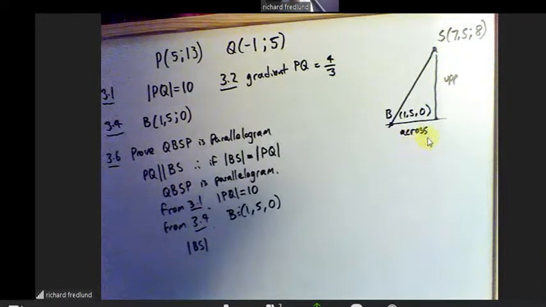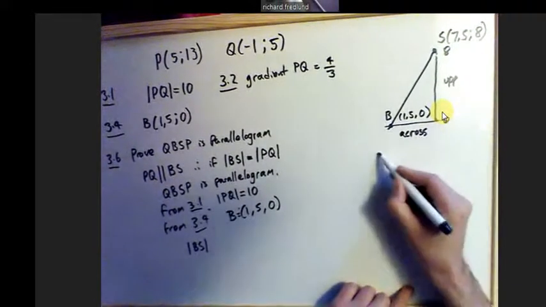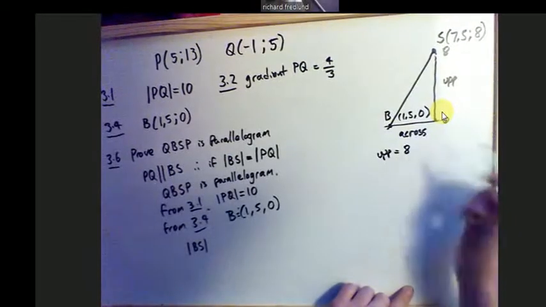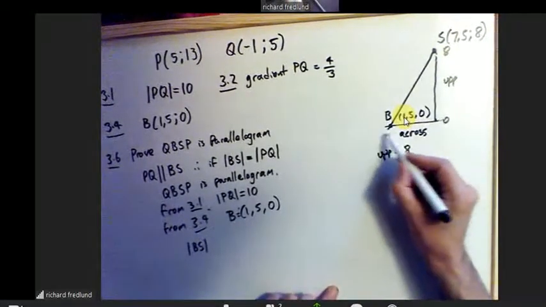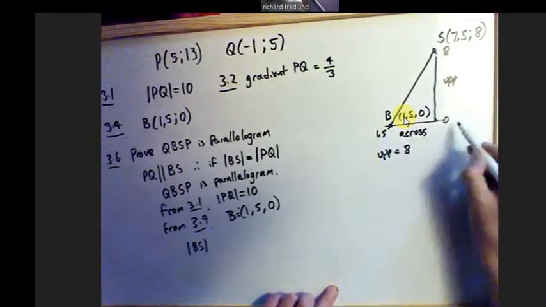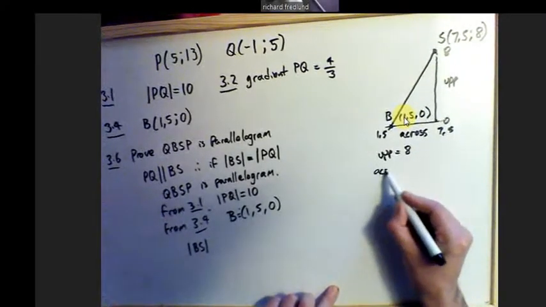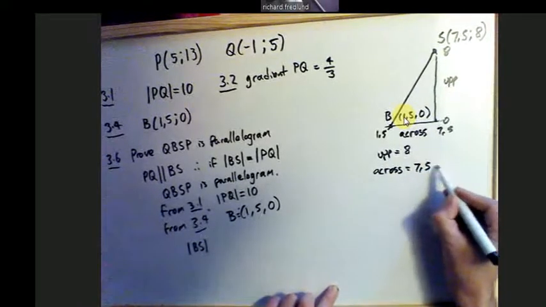That's going to be 8 to 0. So up is going to be 8 minus 0, which is just 8. And then across it's going to go from 1,5 to 7,5. So across it's going to be 7,5 minus 1,5, which is 6.